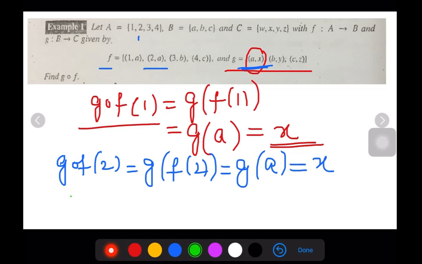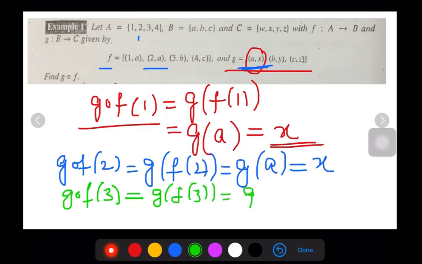That is G composition F of the third element 3, G of F of 3. F of 3 is paired with b, which is equal to G of b. b is paired with y.